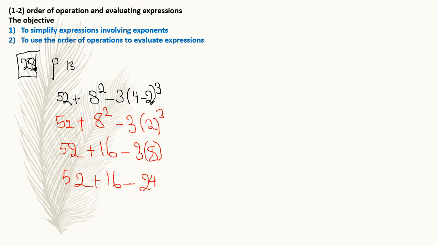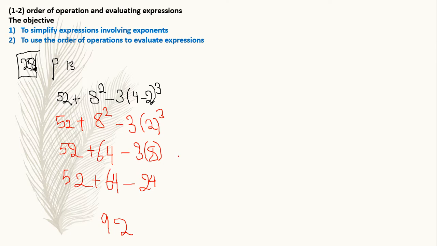Finally, step by step, do your calculation to get 92. But keep in mind here, 8 to the power 2, sorry, it is not 16, it is 64. So that is 64.